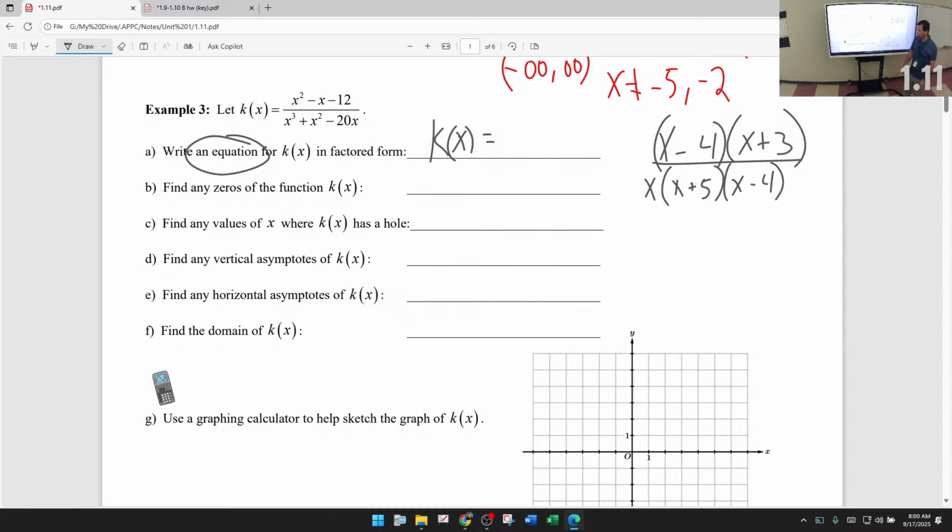Find any zeros. All right, now you got zeros. That's when the top is 0. Okay, that's when the top is 0. So the zeros are 4 and -3. Whoops. They're not 4 and -3 because it can't be 4. So the only 0 is -3.